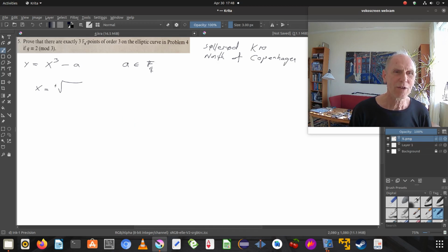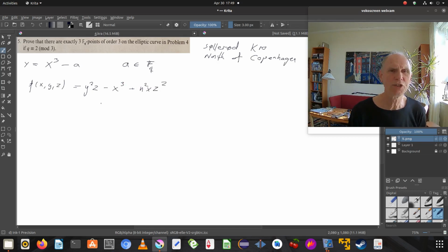And it's very, very simple. When we have an algebraic curve, and let's take the one we already know, y squared minus x to the third plus n squared x, and the projective completion.